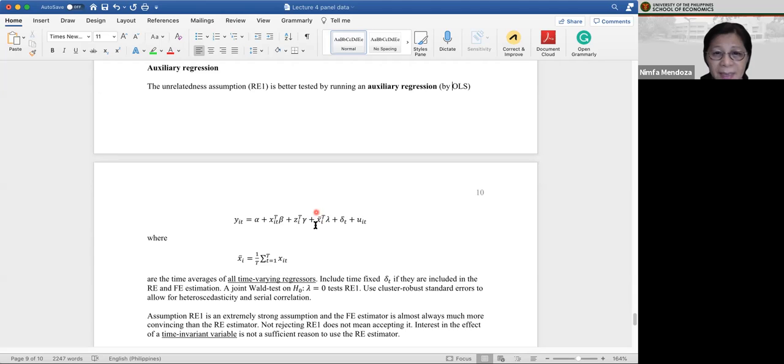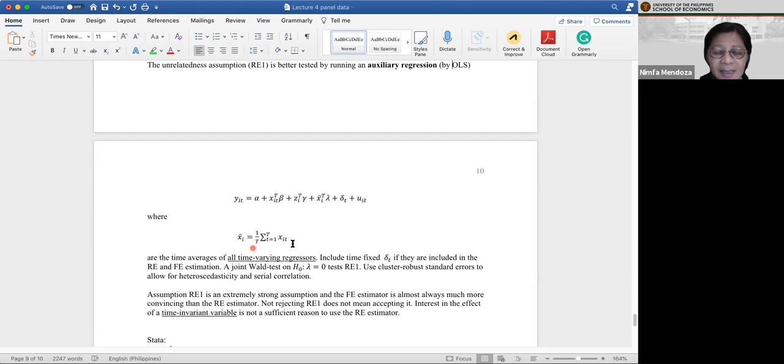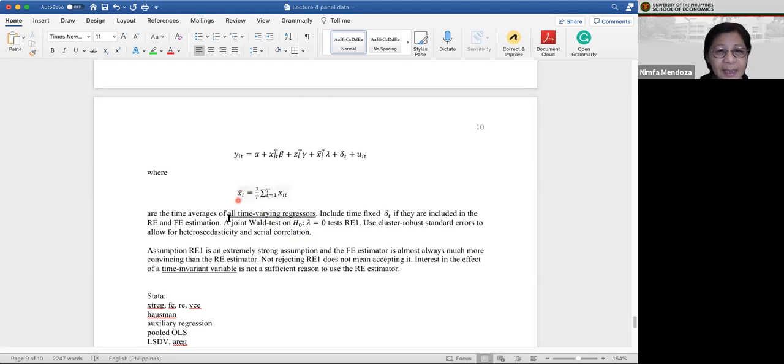Then we have this x bar sub i, which is just the time average of the ith regressor. You have to get this for all time varying regressors, and include the time fixed effects if they are included in the RE and FE estimation.